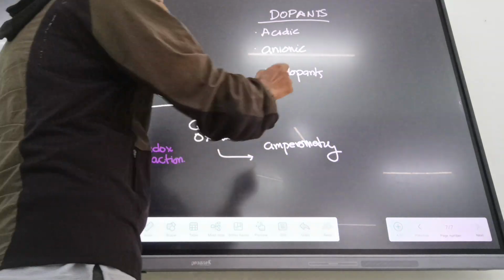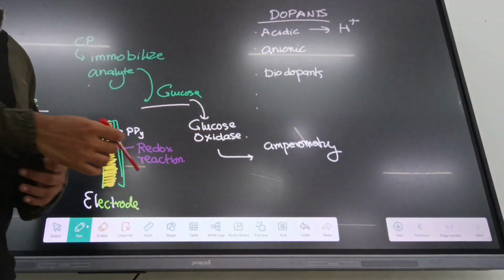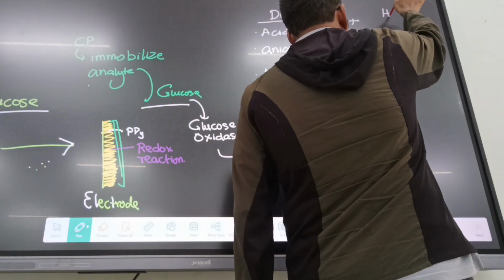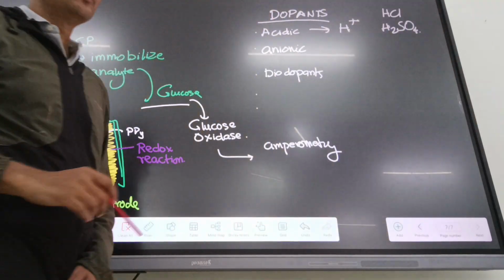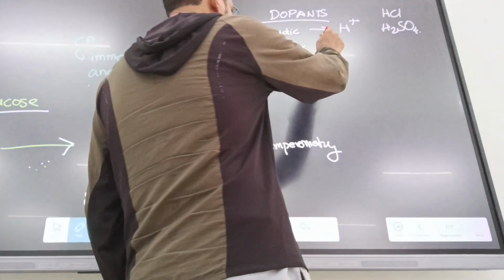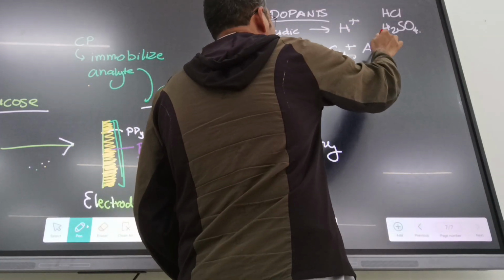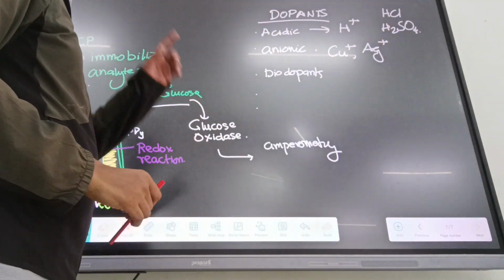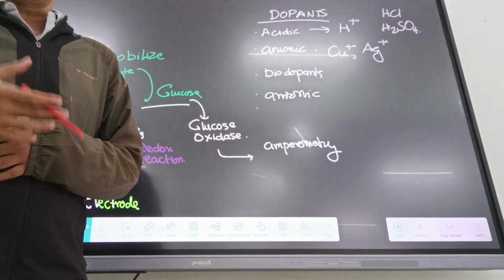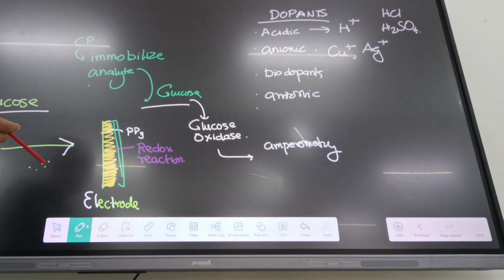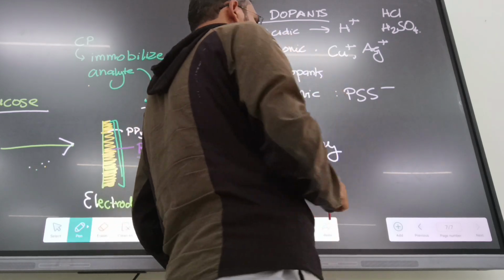In acidic dopants, you basically provide H plus positive ions. In this we basically add acids. In cationic dopants, we basically add things like Cu plus in any form of salt, or Ag plus, metallic. In anionic dopants, similarly, you want to have a negative charge associated with the CP. The best example is polystyrene sulfonate, which has a negative charge.